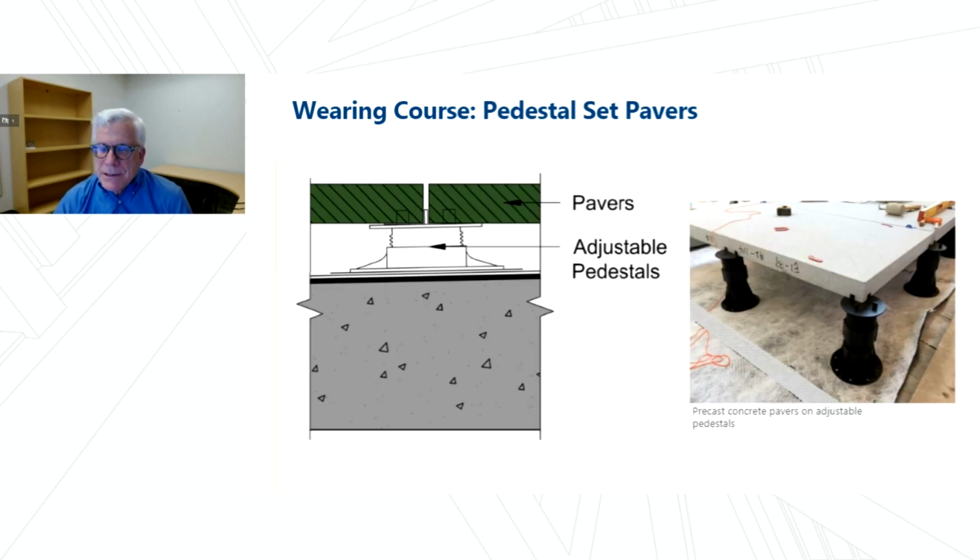Next is a pedestal system. This imposes some other challenges that are out there, and one of them is the installation becomes a little bit more difficult, but also the maintenance becomes a little bit more difficult, because usually this system will adapt or percolate or settle over time.